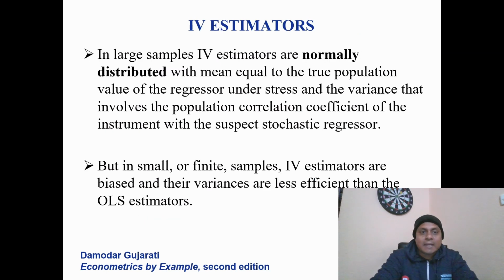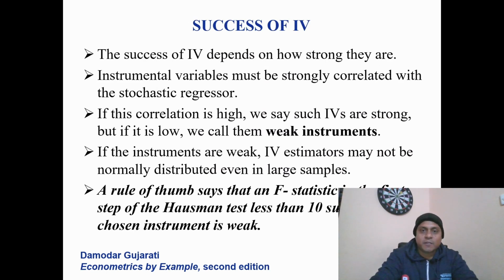It is always to be remembered that in a large sample, the instrumental variable estimators are normally distributed with mean equal to the true population value. This should be the characteristic. But in a small sample, instrumental variable estimators are biased and their variance is less efficient than the OLS estimators. The success of the instrumental variable depends on how strongly it is related to your suspected independent variable.